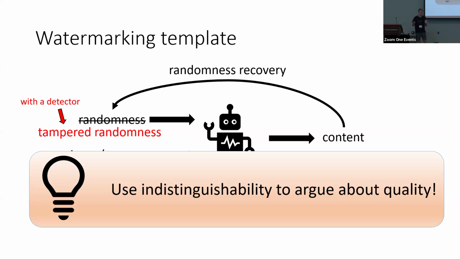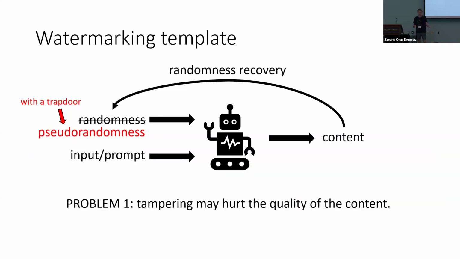In cryptography, we know how to reason about indistinguishability, and if we can use pseudorandomness instead of actual randomness, then we get the guarantee that the content the model generates is provably indistinguishable from content that it would have generated without the watermark. In particular, with respect to any efficiently computable metric of quality, the quality doesn't degrade at all. Now we need a trapdoor for our pseudorandomness to be able to detect it. So this is good.